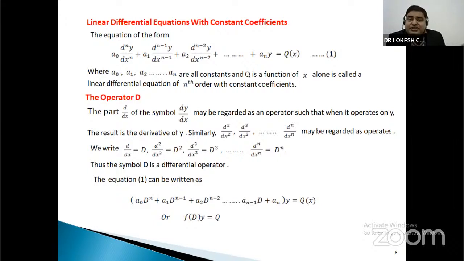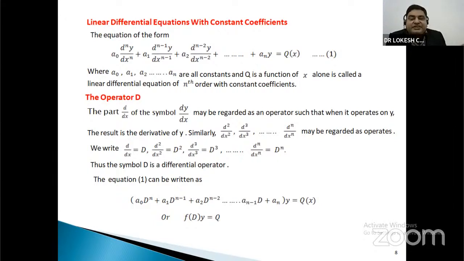So for a linear differential equation, this is the particular form, equation 1. We compare it with the given equation and then define that it is a linear differential equation, with variable or constant coefficients.